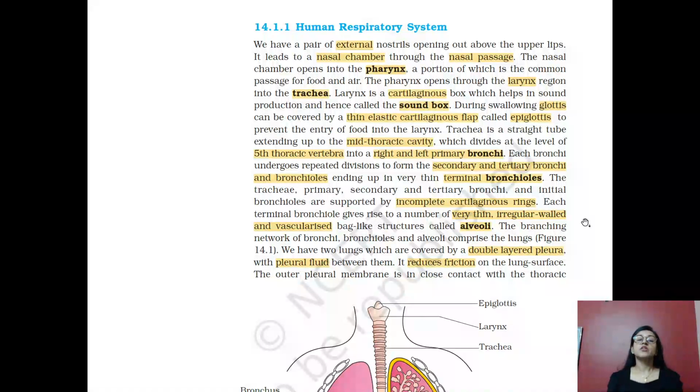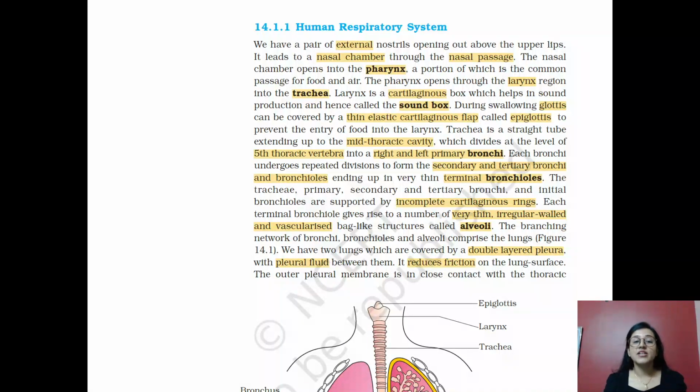Moving on, we are going to study about the human respiratory system. We have a pair of external nostrils opening out above the upper lips. As we stand in front of a mirror, we can see we have external nostrils above our upper lips on our nose.